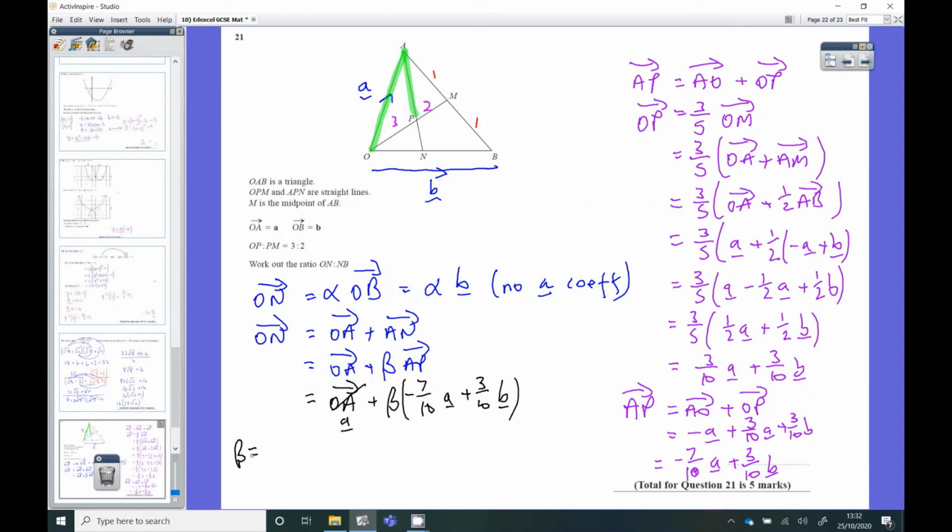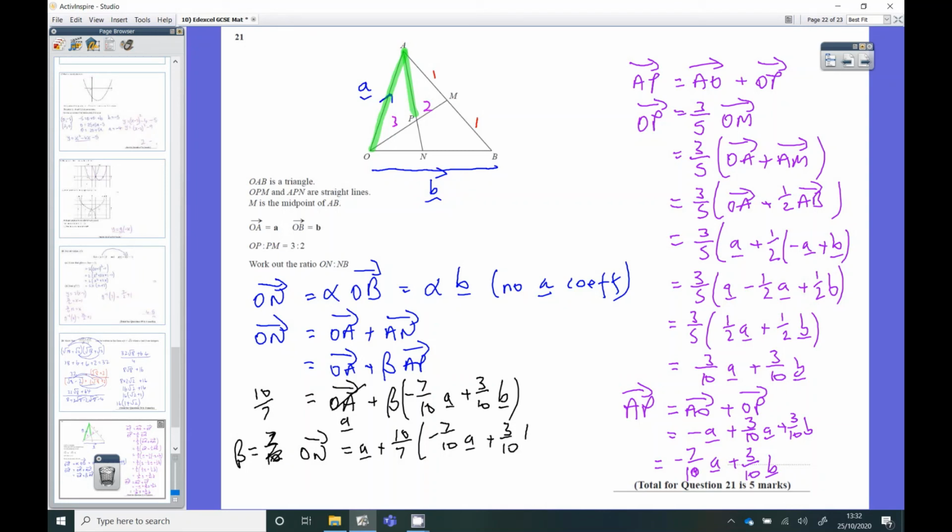If beta is 7/10 and we substitute that in, we have O to N being A plus 7/10, and not 7/10, sorry, I mean 10/7. Beta must be 10/7. Okay, so it's 10/7 minus 7/10 A plus 3/10 B.